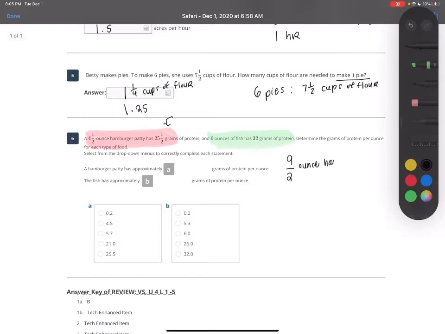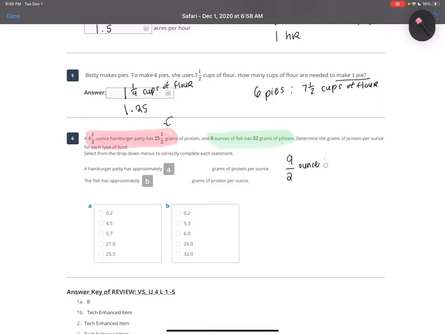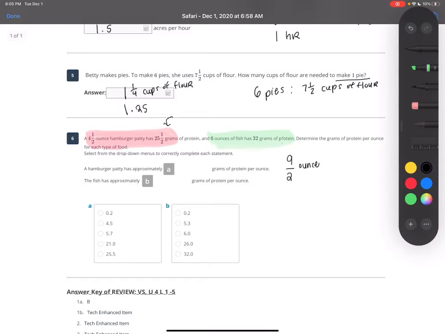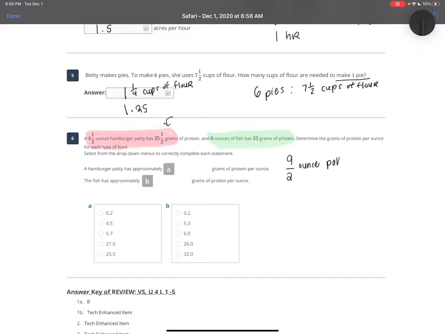I'm going to put patty just to save time, and when I say patty, I mean hamburger patty. The next one is 25.5 grams of protein. Changing that into its improper fraction form, it would be 51/2 grams of protein.